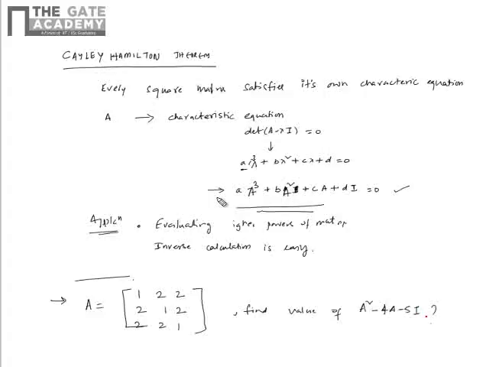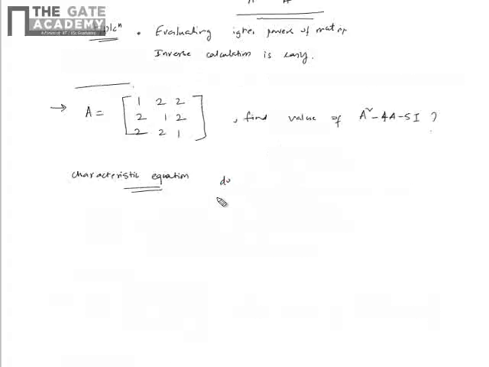First let's find out the characteristic equation. The characteristic equation will be det of A minus lambda I equal to 0. That means the determinant of the matrix with rows 1 minus lambda, 2, 2; 2, 1 minus lambda, 2; 2, 2, 1 minus lambda is equal to 0.